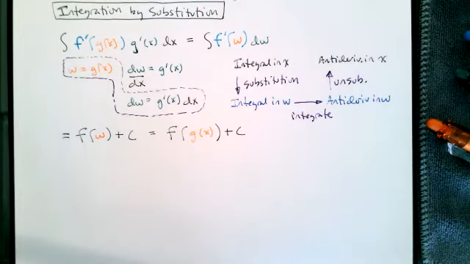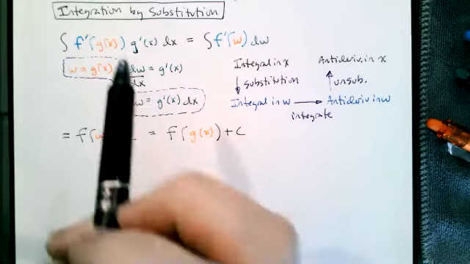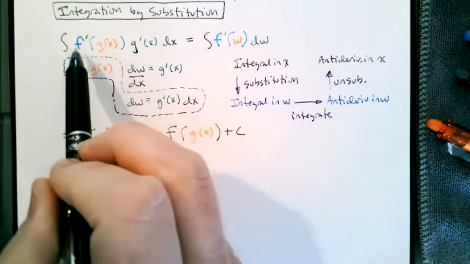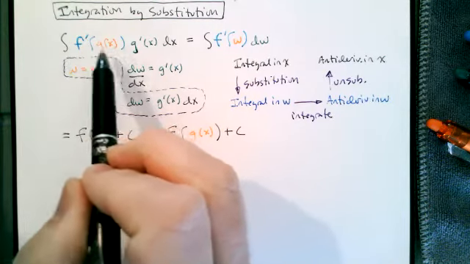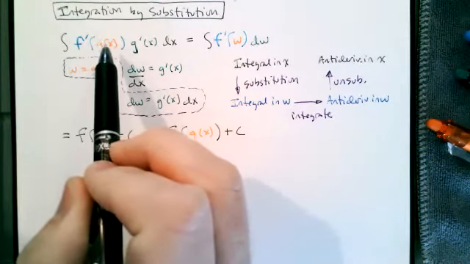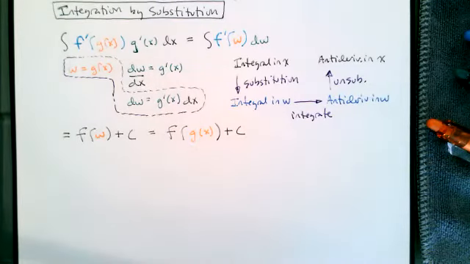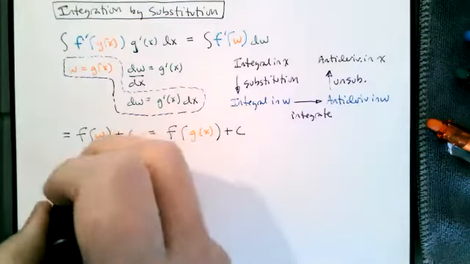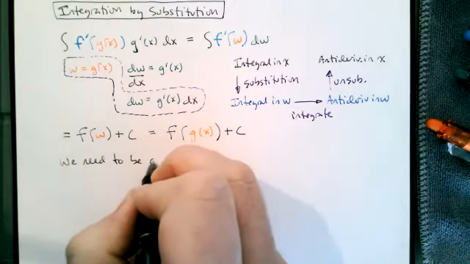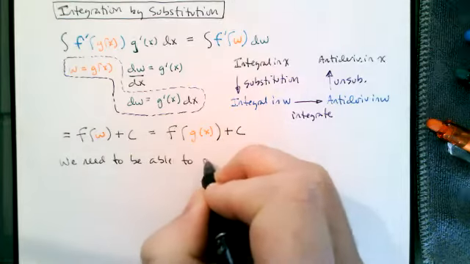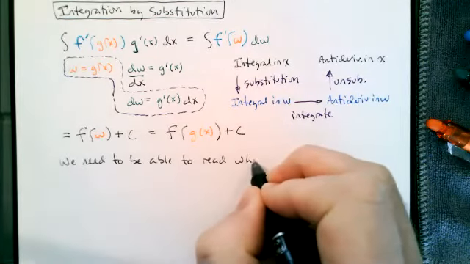The important thing that we need to be able to do to make this process go is identify inside functions and outside functions. What's been plugged into the outside function? Because that'll tell us what function we're actually integrating and what's just there to change the insides. So we really need to be able to read what's going on in the function.